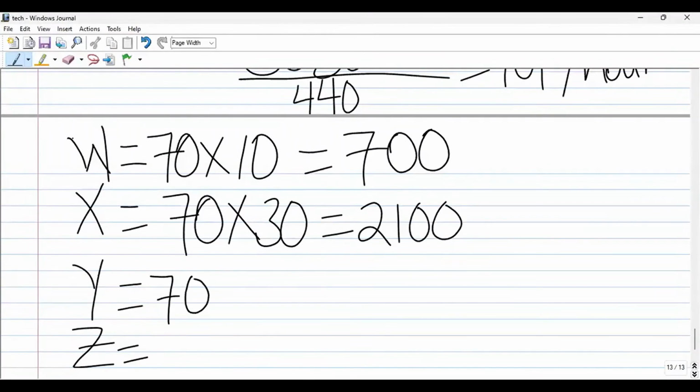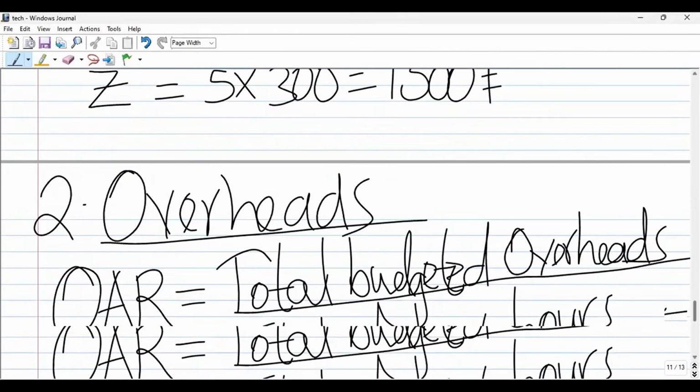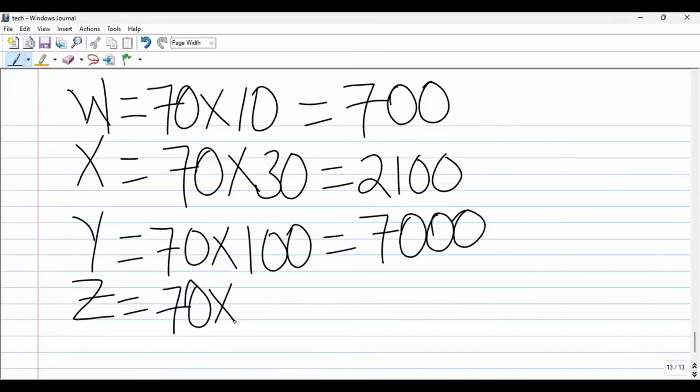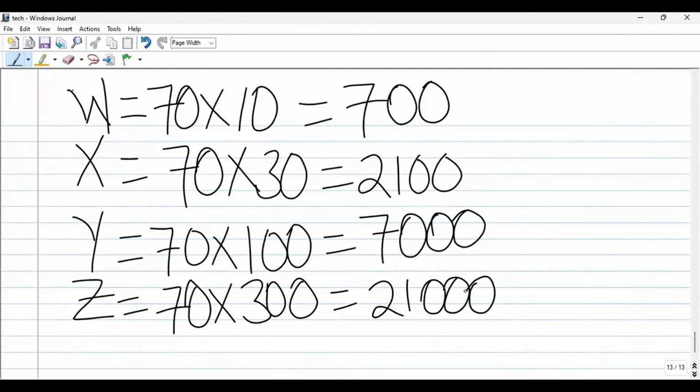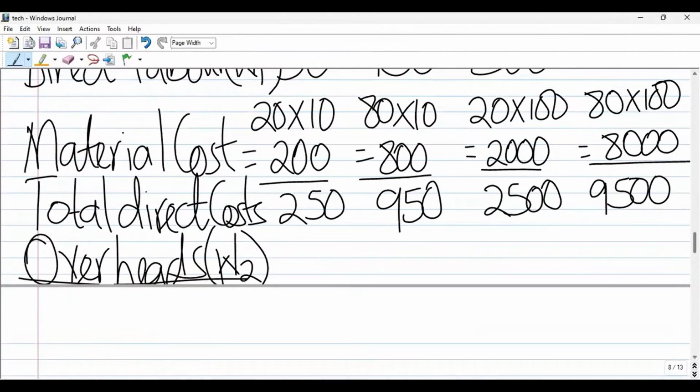Y is 70 times the labor hours 100, which gives us 7,000. Z is 70 times 300 to give us 21,000.